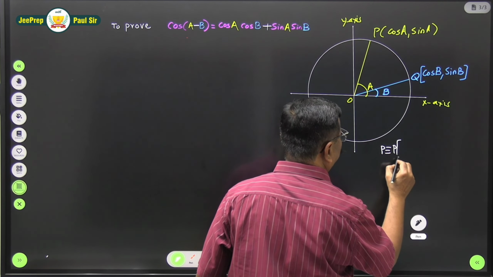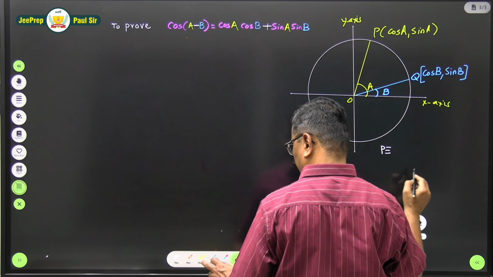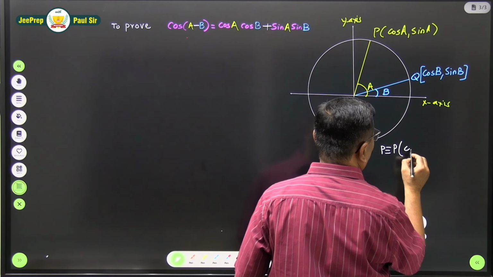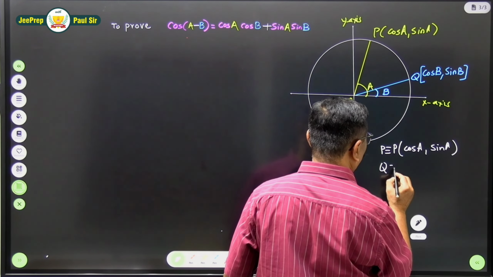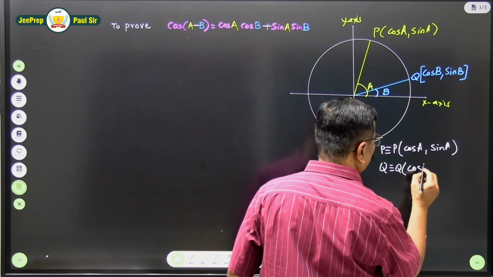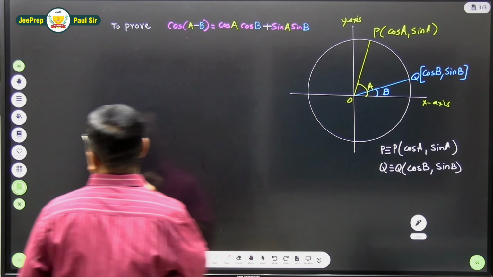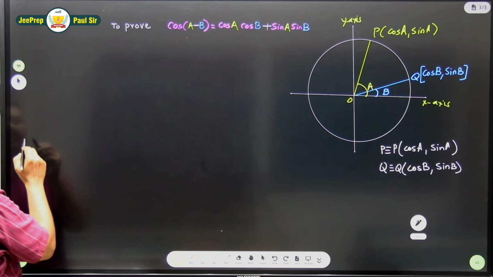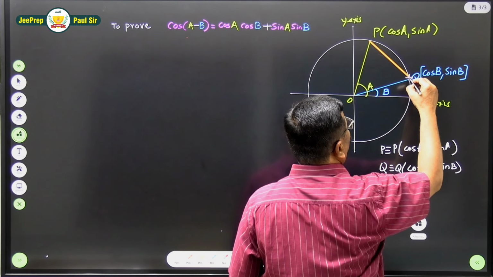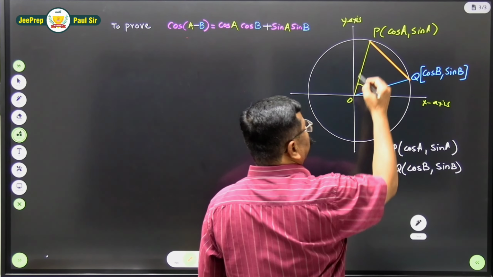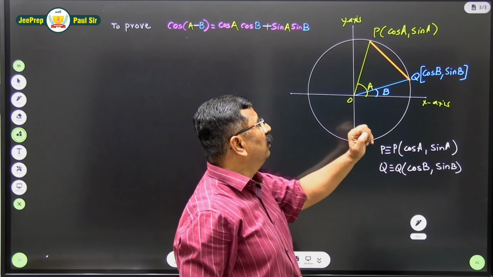Coordinates of P are cos A comma sin A. Coordinates of Q are cos B comma sin B. Now we will join points P and Q. Now see, OP makes an angle A with the x-axis, this yellow angle.